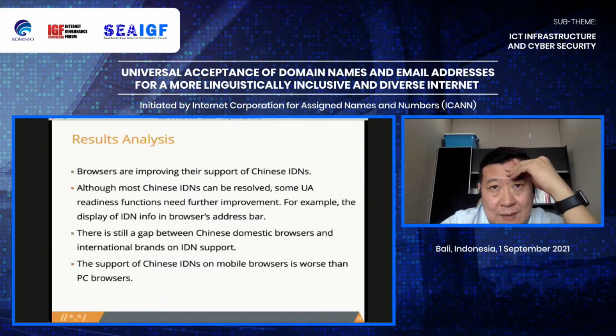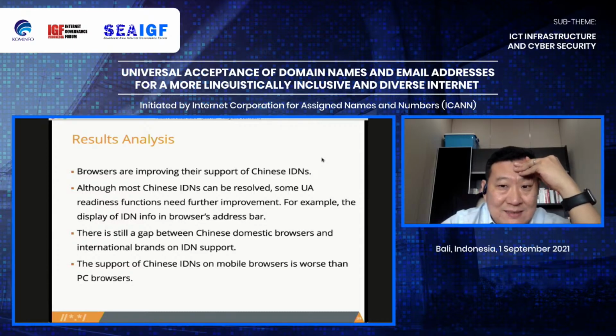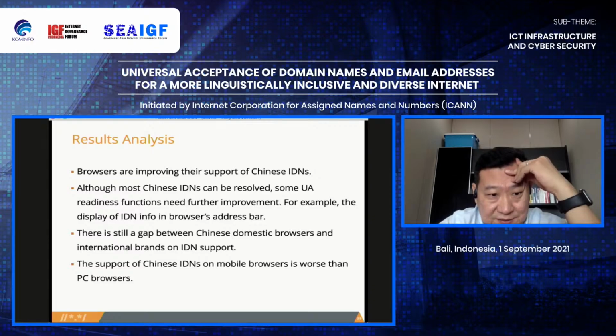So here is a summary of this measurement test. Generally speaking, the browsers from the top internet companies in China have improved their support of IDN. Although most Chinese IDNs can be resolved, some UA readiness functions need further improvement. For example, the display of IDN in the browser's address bar is not correct in some cases.